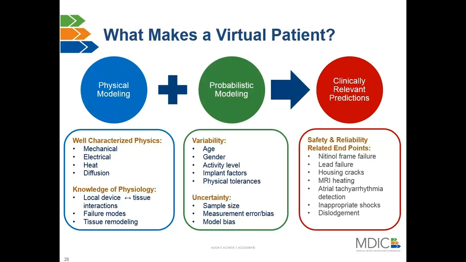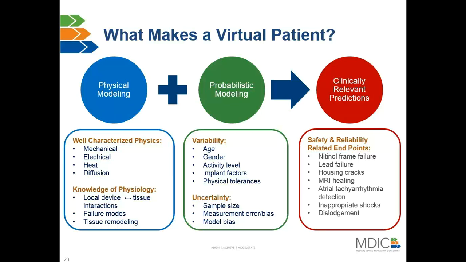So if we're going to really create a virtual patient, we can't just use a physical model. We have to inject some of these same virtues that a clinical trial has, these probabilistic features. So we have to understand the variability of age and gender and activity level and implant factors in order to really get a good predictive model.